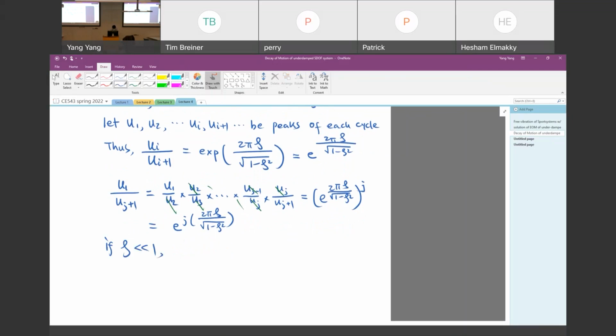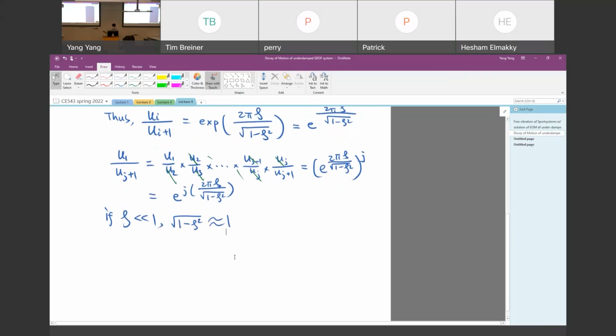So if zeta is much smaller than 1, we can have 1 minus zeta squared almost equal to 1. The difference between the square root of 1 minus zeta squared and 1 can be negligible.